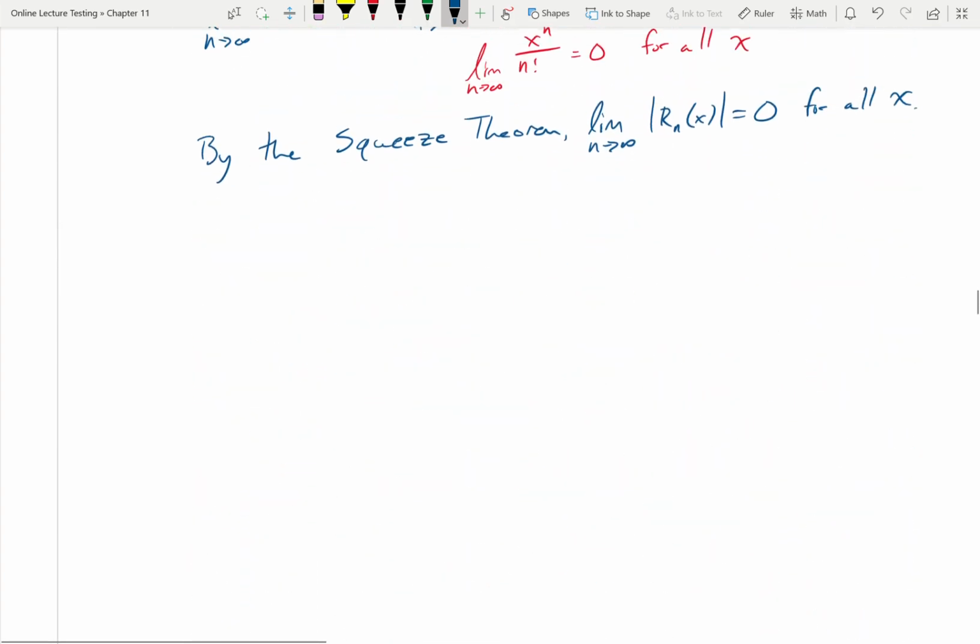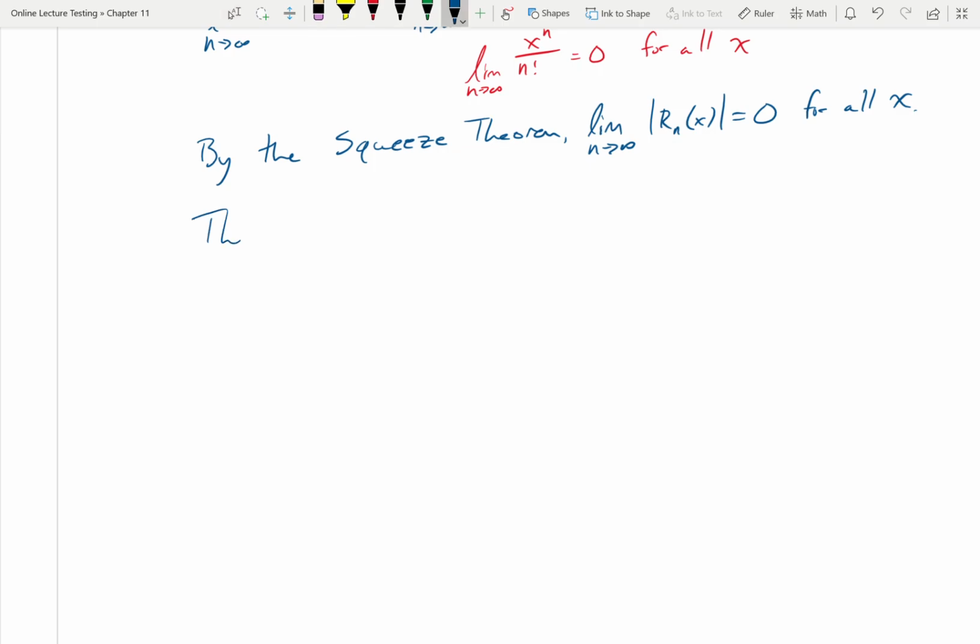Therefore, e to the x is equal to the sum of its Maclaurin series.